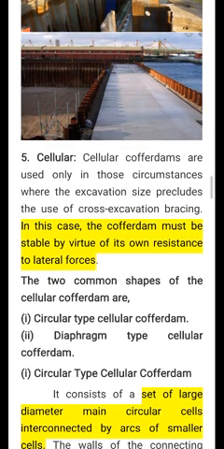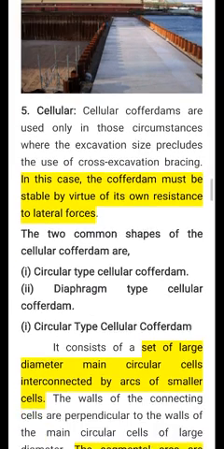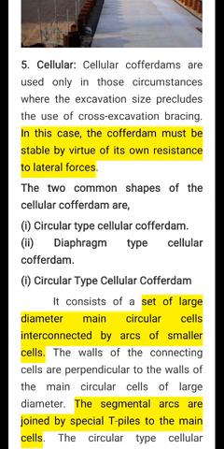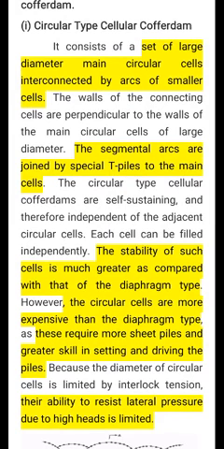Now, cellular cofferdams. In this case, the cofferdam must be stable by virtue of its own resistance. This has two types: circular cellular cofferdam and diaphragm type cofferdam. A circular cellular cofferdam consists of circular cells which are joined intermediately by arc type cofferdams, also made by installing sheet piles.